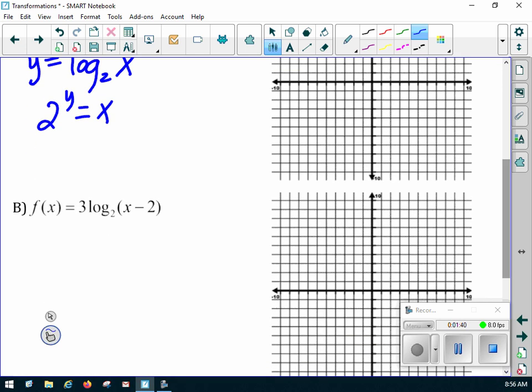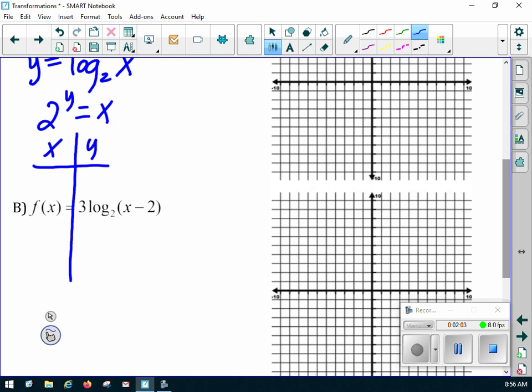Now, what we're going to do is make our table for the log off this, and then we're going to move it. Notice, what's the exponent? What variable's in the exponent? Y. So guess what? We're going to have to put numbers in for y, because y is the exponent. -2, -1.